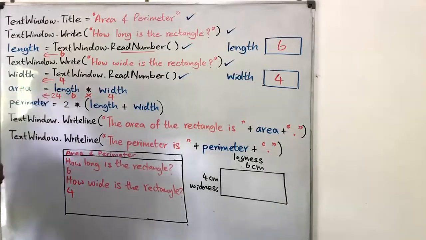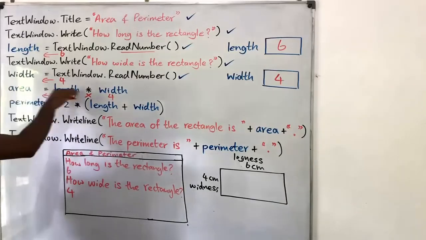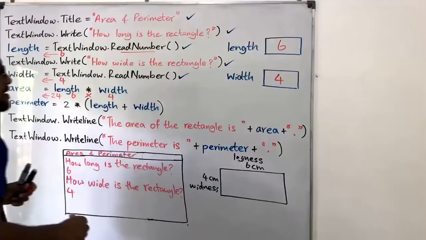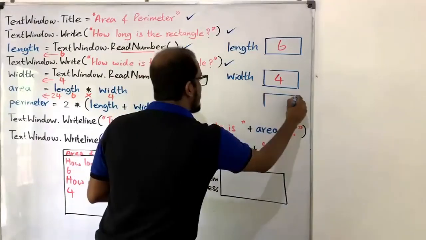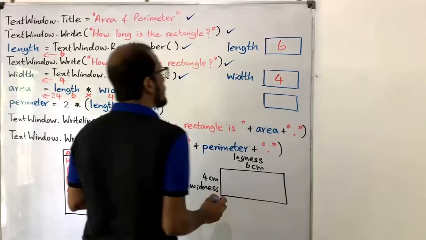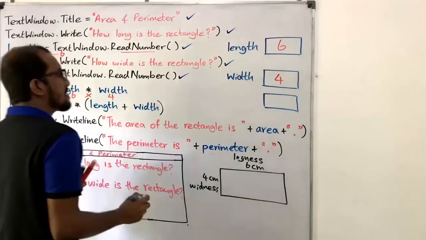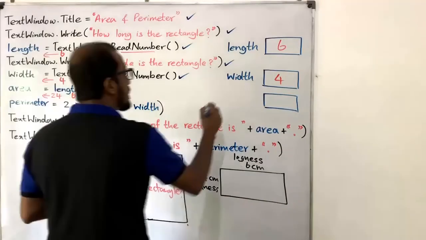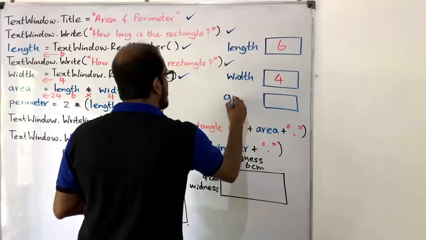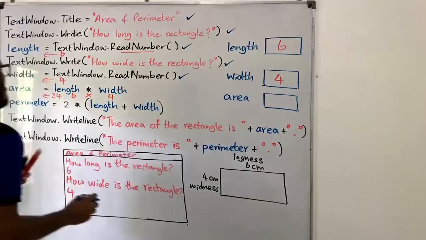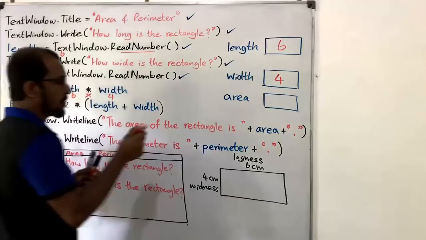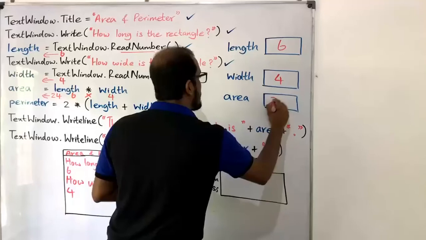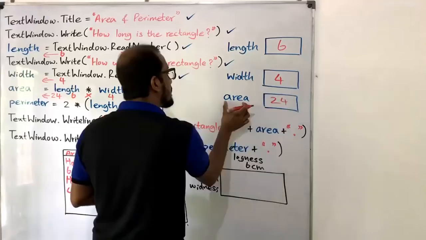So when this statement executes, behind the scenes in the RAM, a memory space is again created, a new one, under the name area. This final value 24 will be stored under the variable name area.